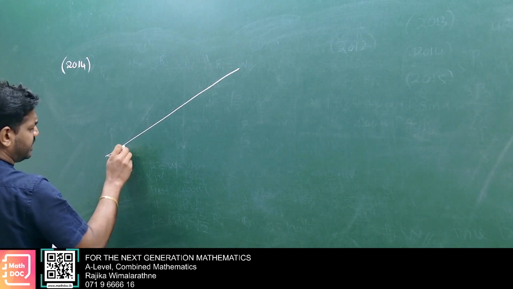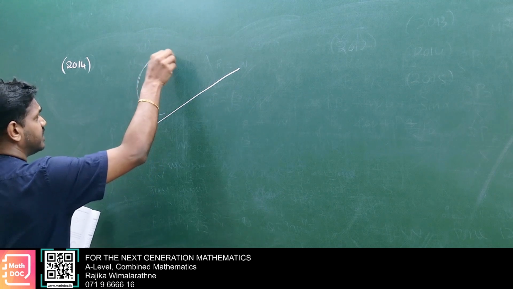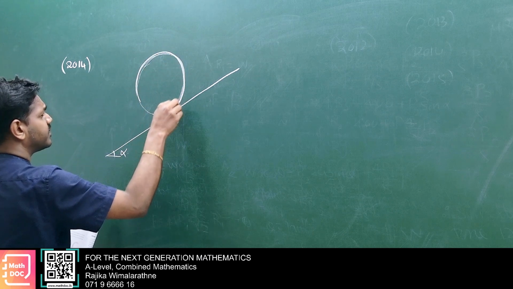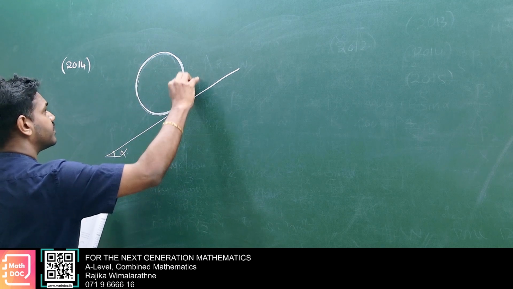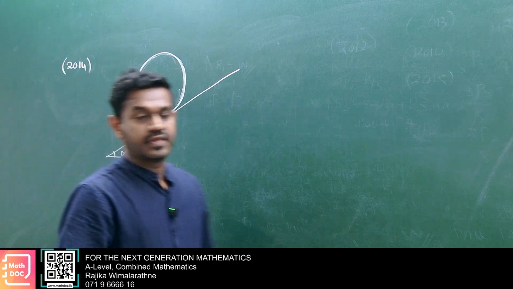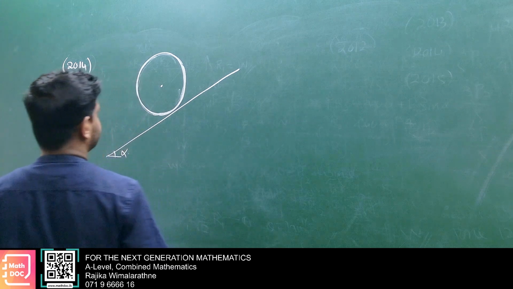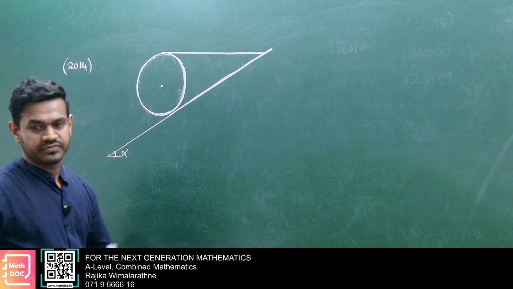Here a horizontal, here an inclined plane, inclination alpha. Here a sphere. Okay, let's start. Now here, this one, the 2014 A-level question.